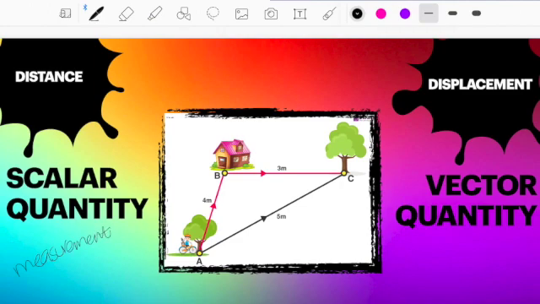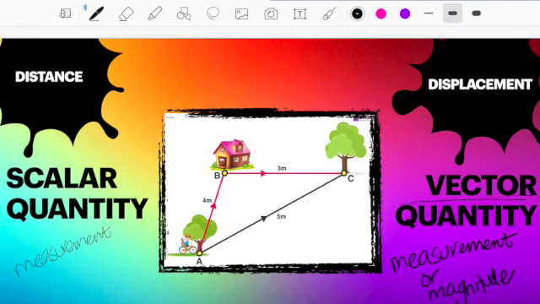Okay? And a vector quantity has measurement or magnitude, we can call it magnitude as well. And it also has direction.